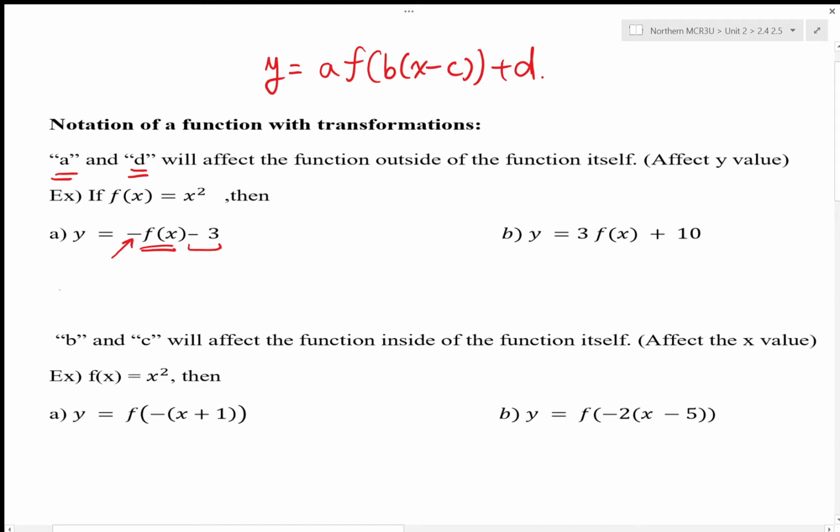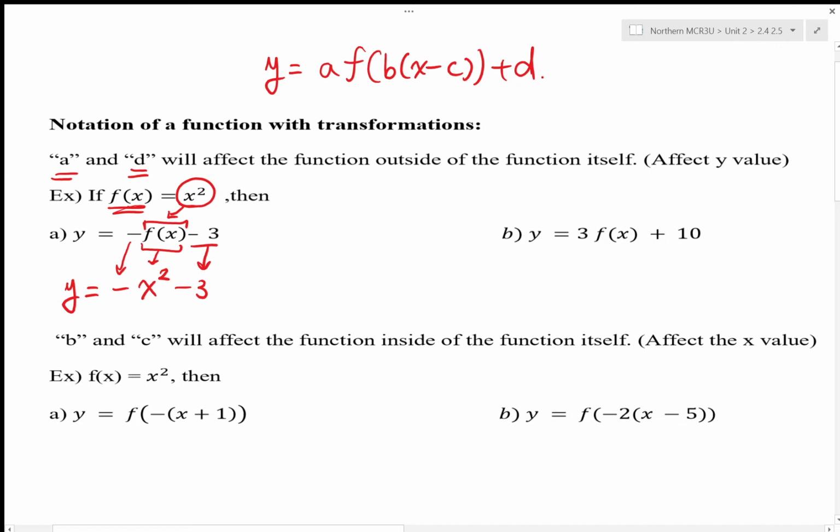So what this means is that your transformed function can be written as this. All you have to do is replace f of x with x squared. So it becomes negative x squared, which is basically negative f of x, -3. I just copied it down, okay?